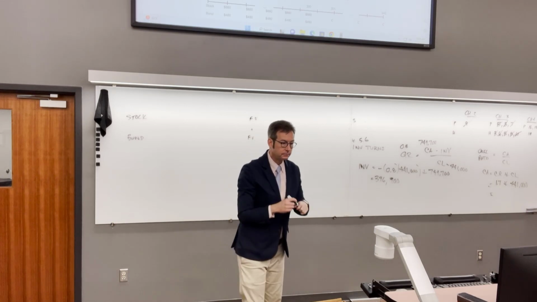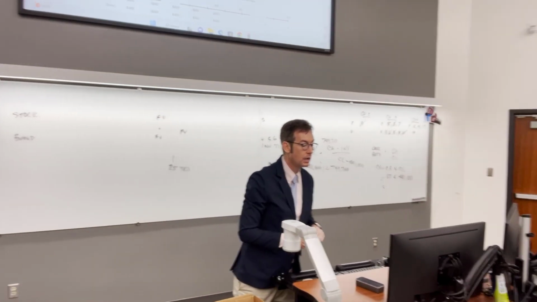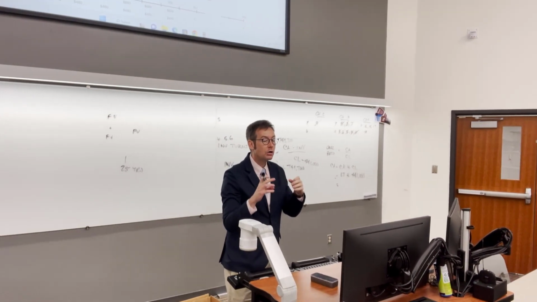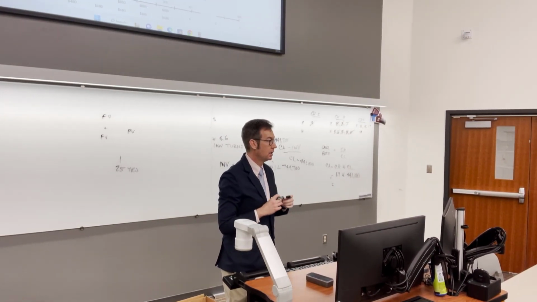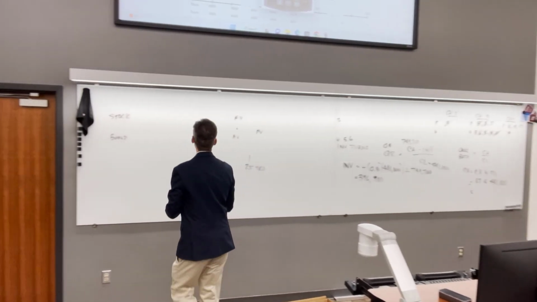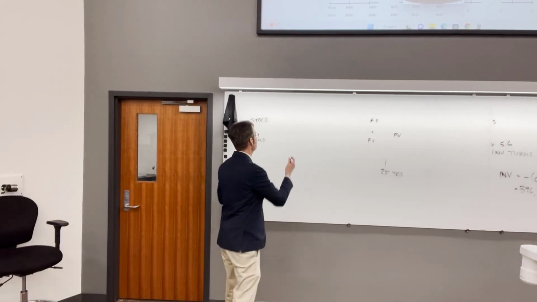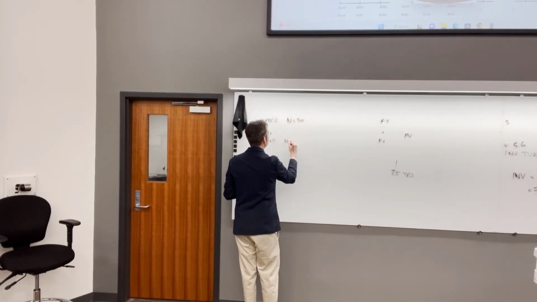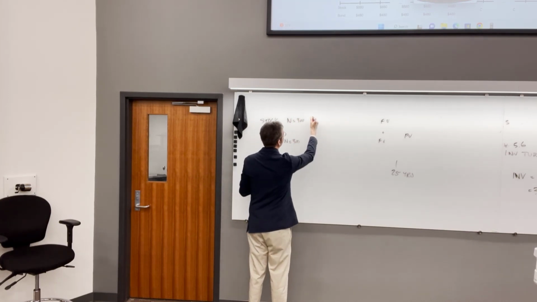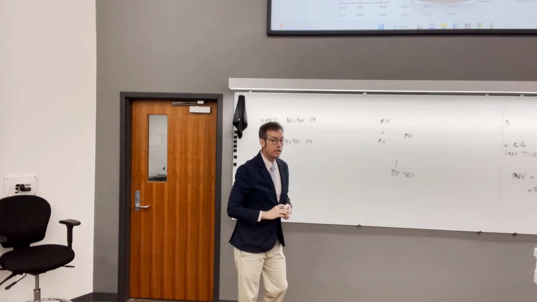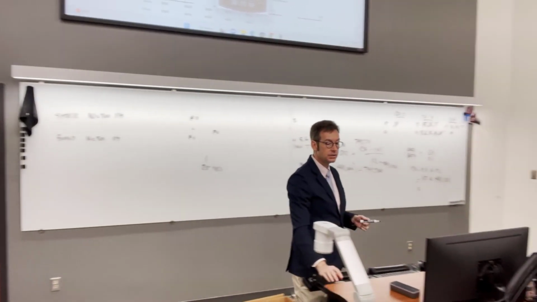Okay. Let's put in what we know. 25 years, but how frequently are we making the payments? Monthly. So what is my N going to be? It's going to be 25 times 12, which is what, 300? So N is 300. The interest rate on the stock account, what is it?